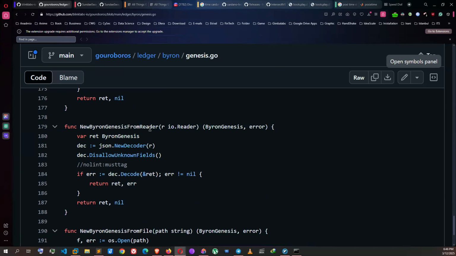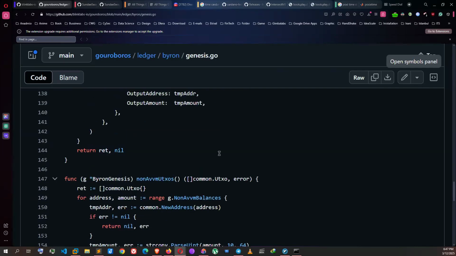And you see, we just JSON decode. We create our own decoder so that we disallow unknown fields, which means it'll fail to decode if there's anything in the JSON that's unrecognized. And we just decode the JSON directly into that Byron Genesis object that you can see up above.